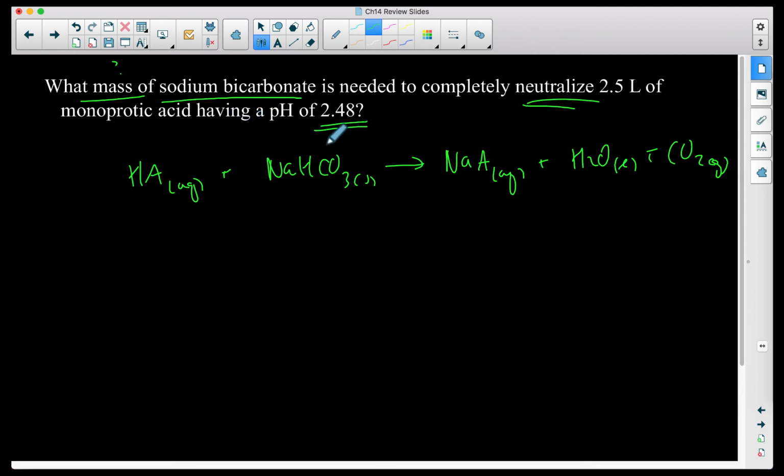So I would like to know the grams of this, and I know I have 2.5 liters of this, which means I need to know the molarity of this. All I know is this, but this is the concentration of that in a roundabout way.